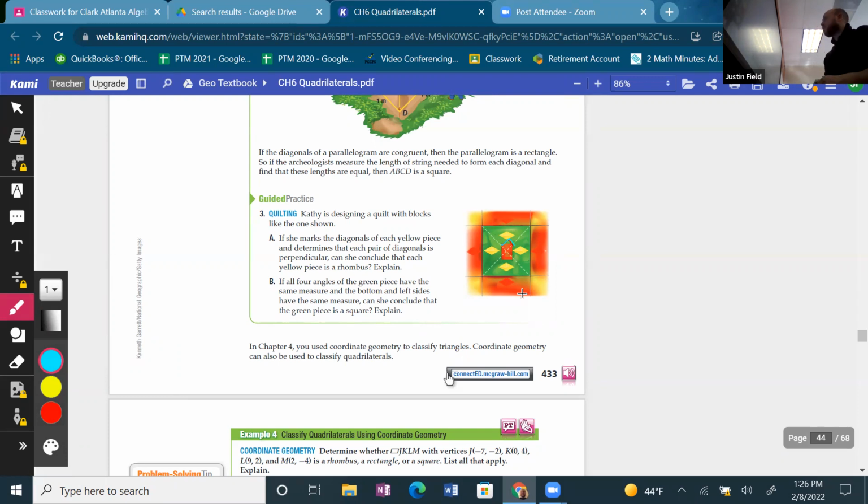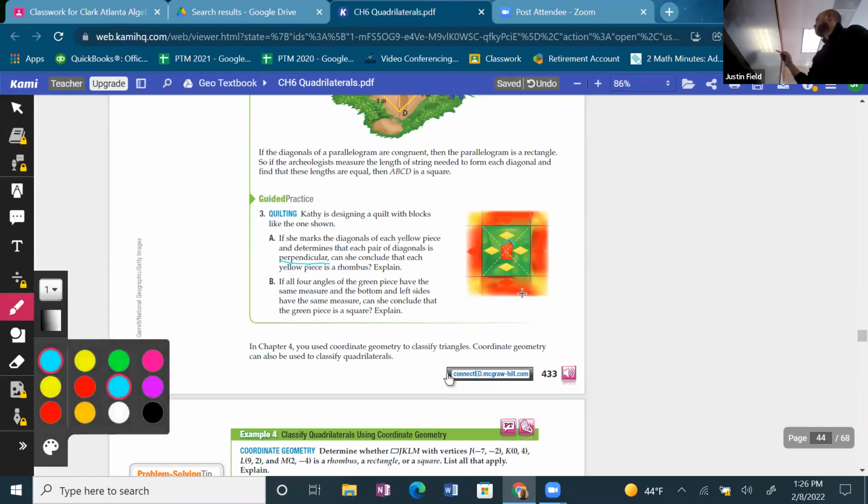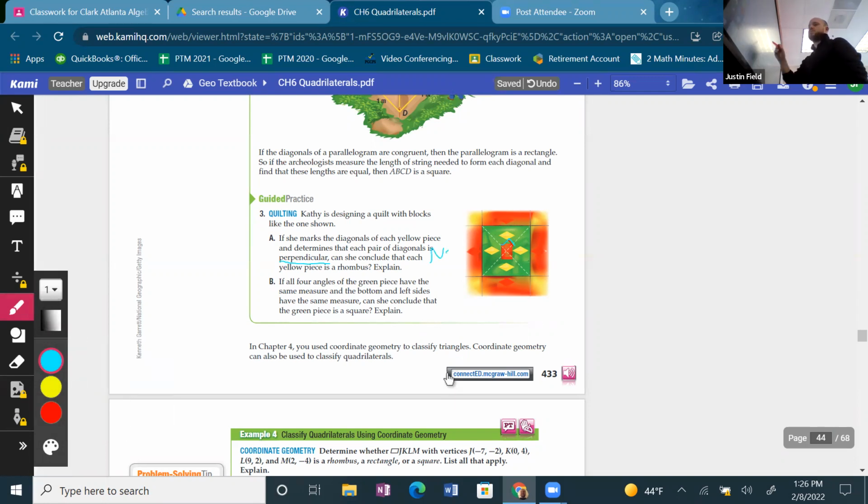Isn't that right? Oh, if they're perpendicular bisectors, then it's a rhombus. So do we know that? We have to say, no.